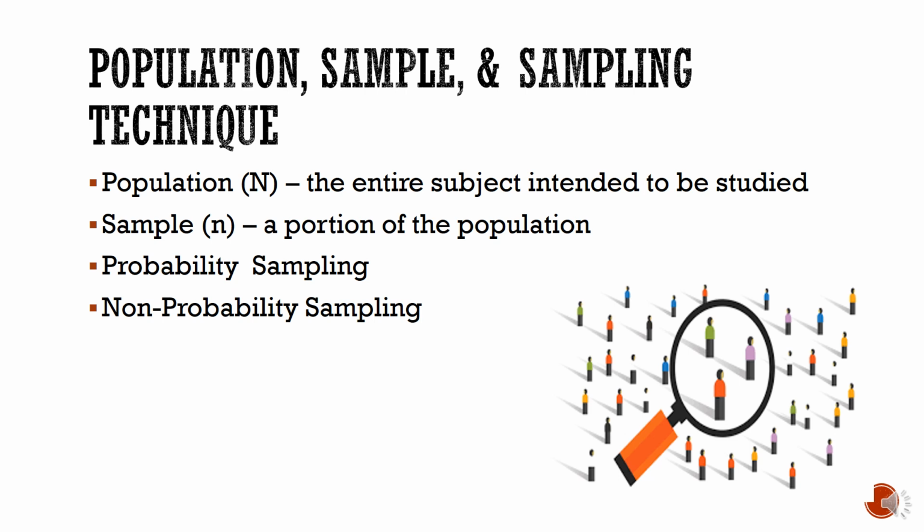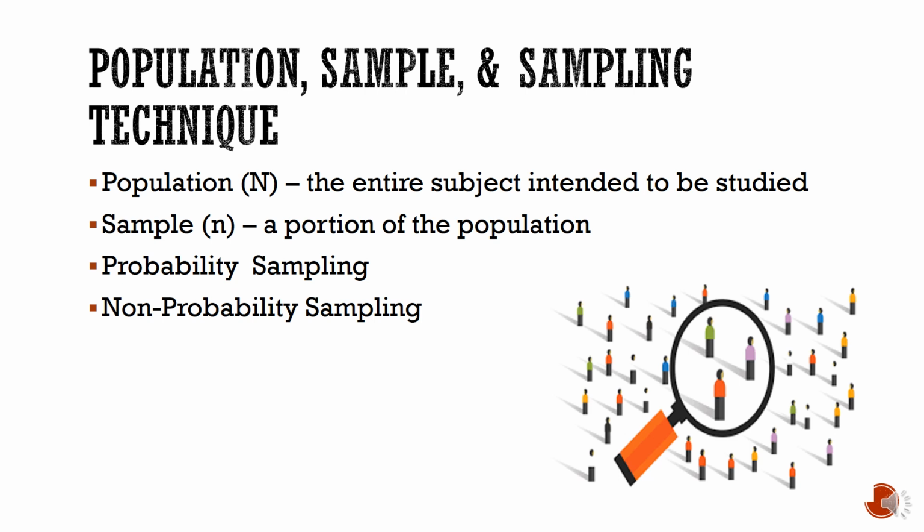For population, sample, and sampling technique, the population is the entire subject that you intend to study. For example, doctors of Bay Point Medical Center. So, all the doctors residing in Bay Point Medical Center. Now, for sample, you just want to get a portion of that population. So, for Bay Point, you only select maybe only the cardio doctors.